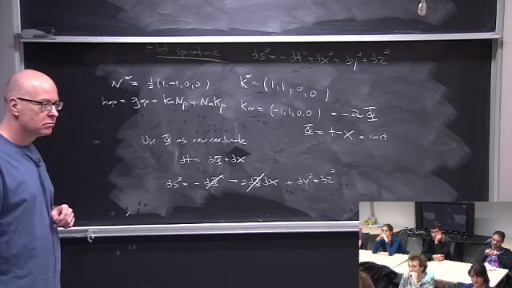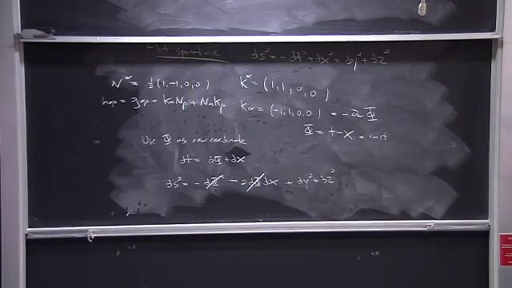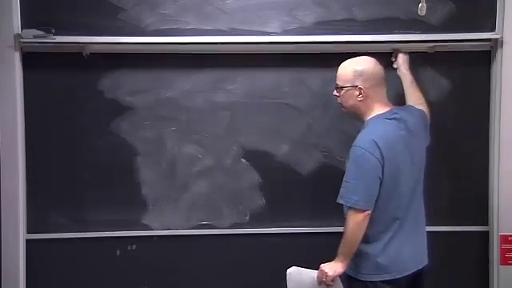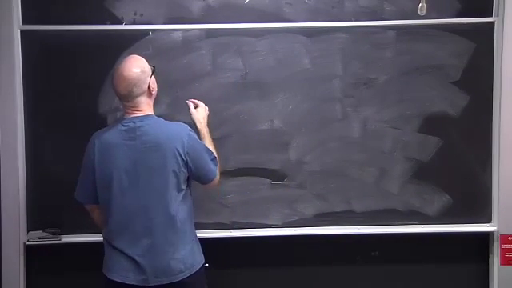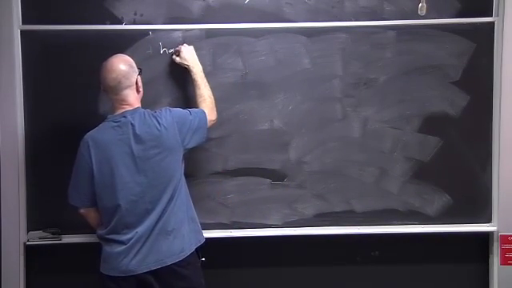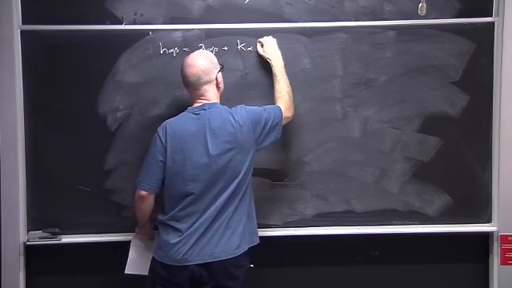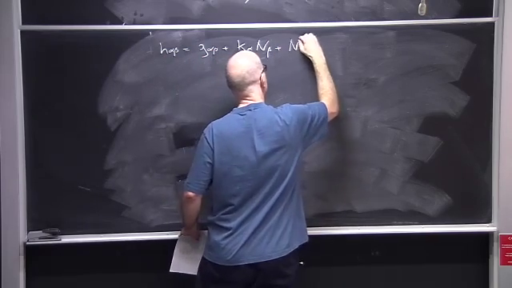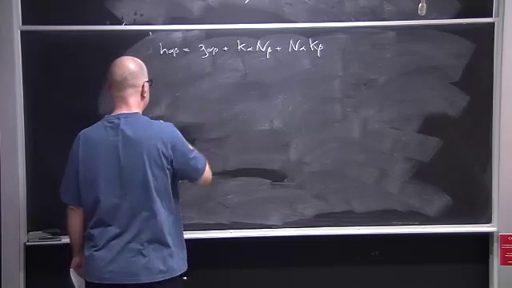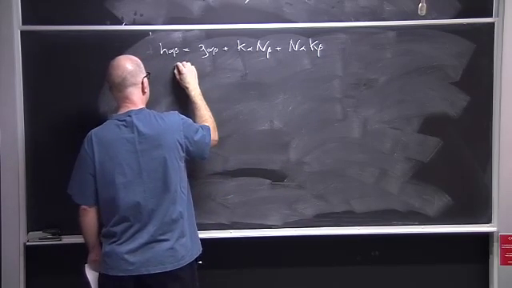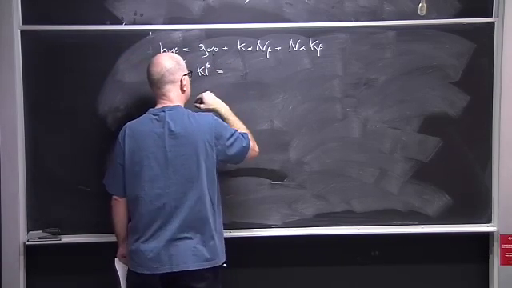Okay, so let me now go back to the calculation I was trying to do previously. Just to recap, we have this transverse metric that now we know how to construct, and it has all those properties that I listed before. We have the deviation vector that satisfies this equation over here.